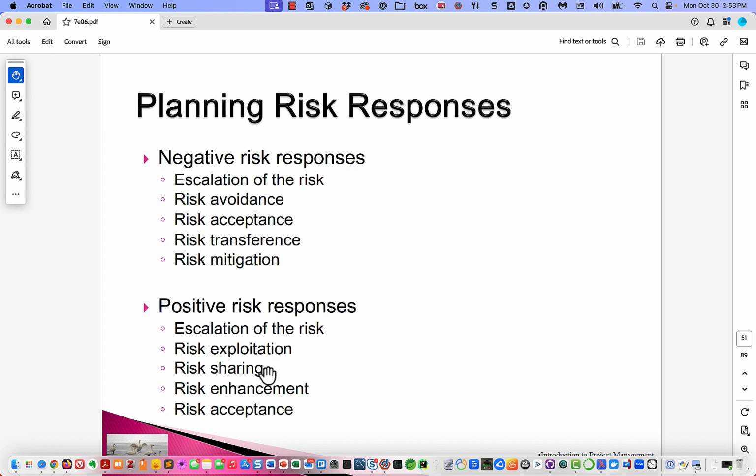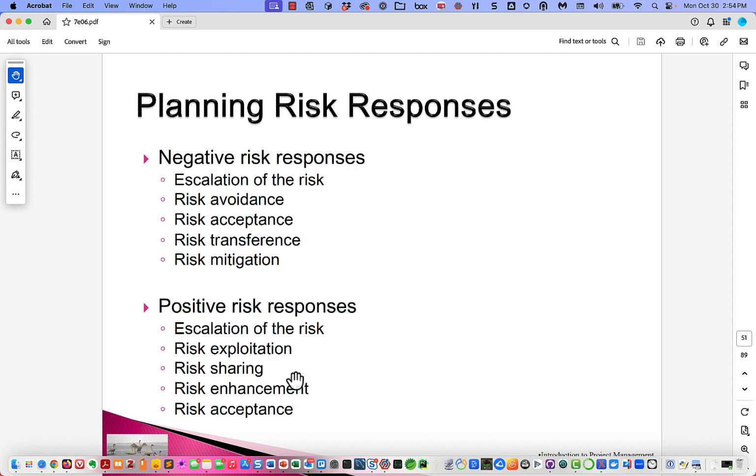Risk sharing. This is the kind of thing where, if there's a possibly good outcome, and that good outcome has to do with the performance of a partner, why don't we share the rewards that we might get by that risk coming to happen? And then we're more likely to get the result because we're sharing the rewards.